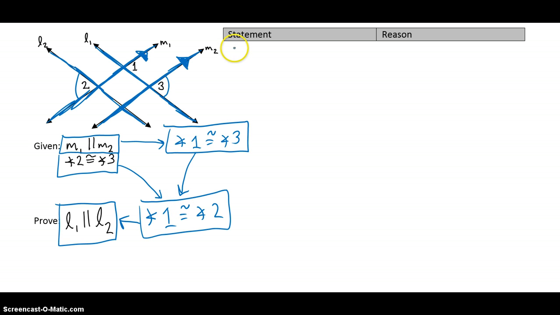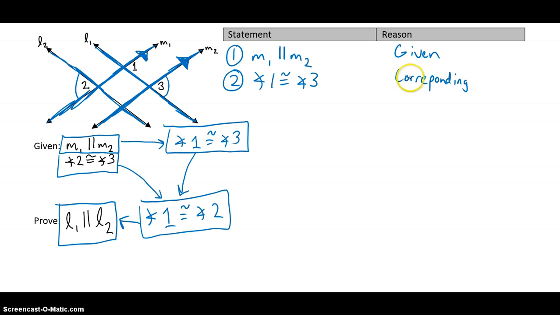So let's write our proof. Our first statement is our first given. And parallel lines always give me congruent angles. So I can conclude that 1 and 3 are congruent because they're corresponding angles between parallel lines.